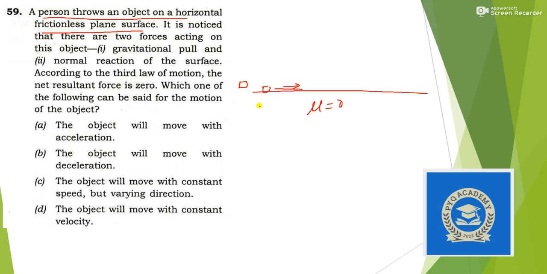Now let's come to the options. The object will move with acceleration. When you throw it, it is not going to change velocity at various instants. That means velocity is going to be constant, so acceleration will be 0. So this is wrong. The object will move with retardation?